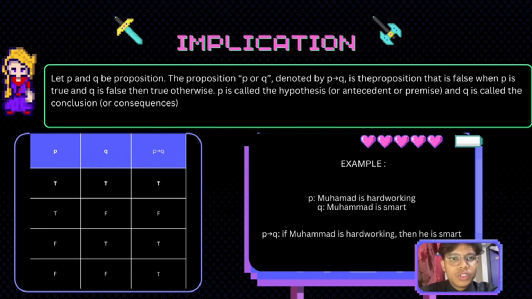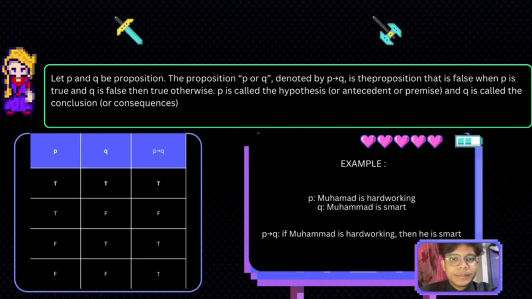P is true, Q is false, P implies Q is false. P is false, Q is true, P implies Q is true. P is false, Q is false, P implies Q is true. For the example, P: Muhammad is hardworking, Q: Muhammad is smart. P implies Q is: if Muhammad is hardworking, then he is smart.